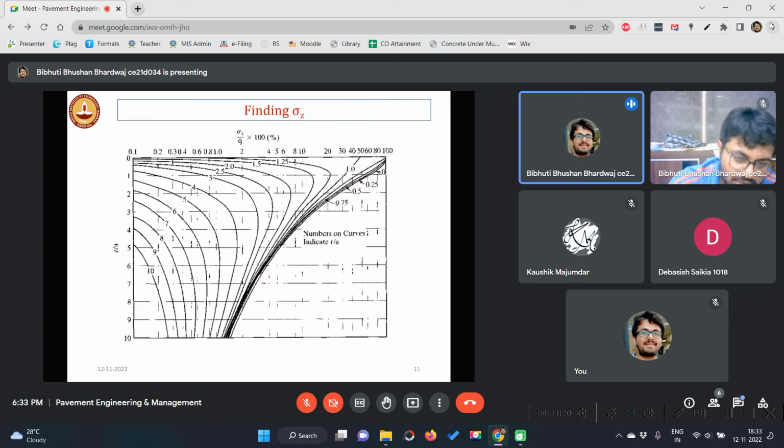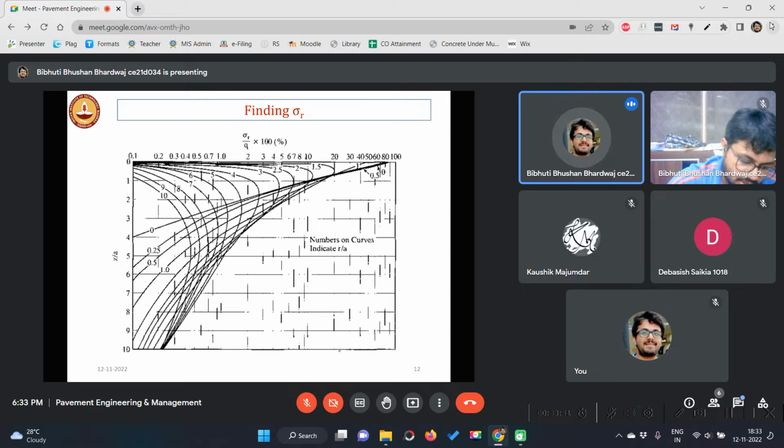Okay, so these are the charts. If you had printed those charts, it would have been easier, but now you just watch how to do it, because we need to put scales and all.